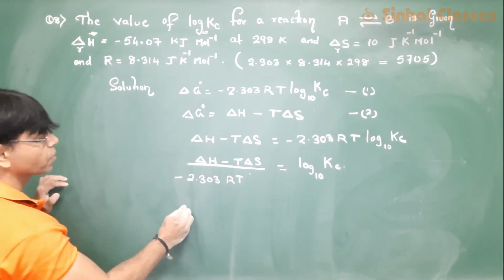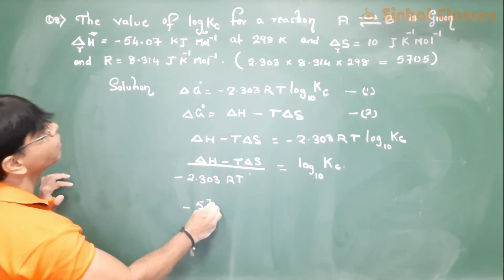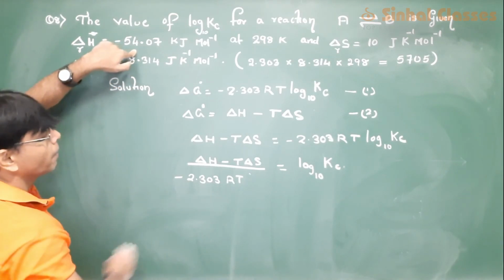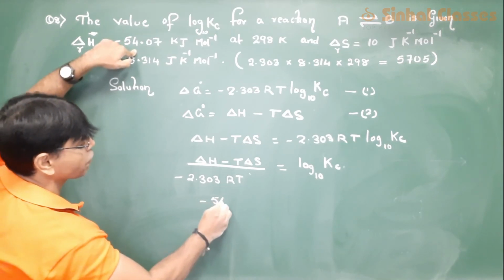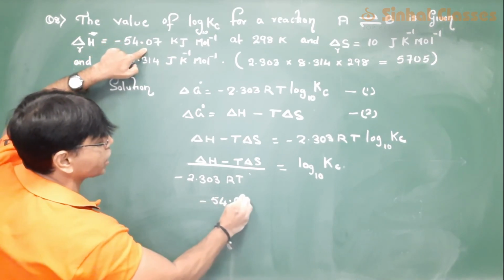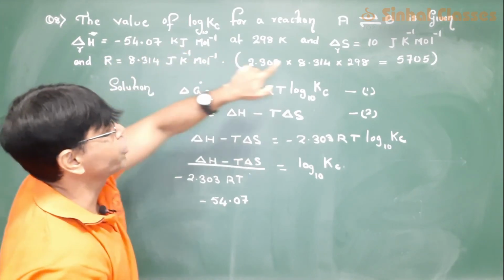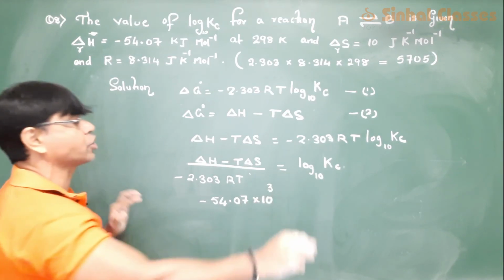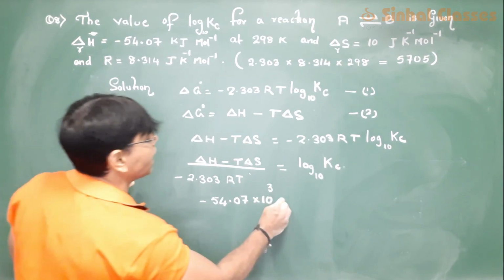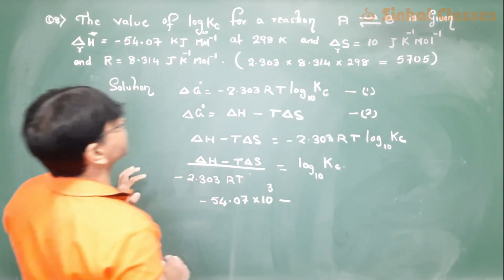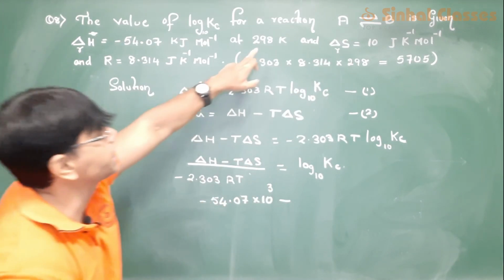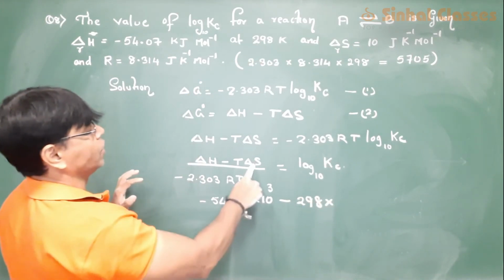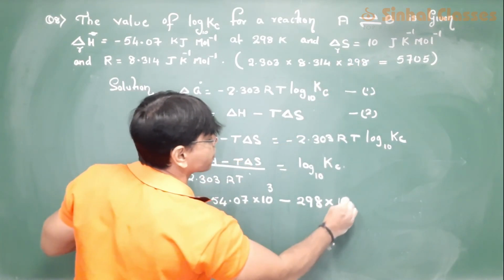Now put the values. Delta H value is minus 54.07 kilojoules, and your delta S is in joules, so convert into joules by multiplying by 10 raised to 3. Minus temperature. What is the temperature given to you? 298 Kelvin. So minus 298 multiplied by delta S, which is 10.